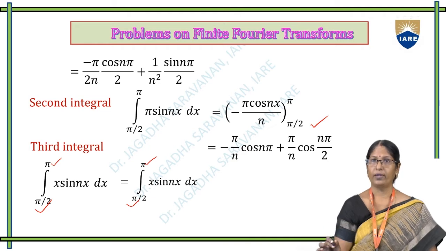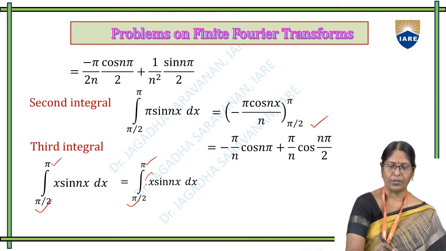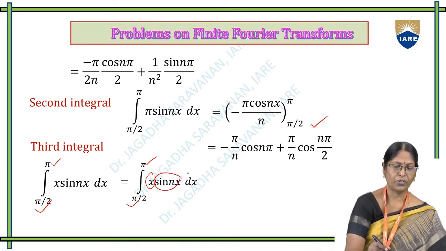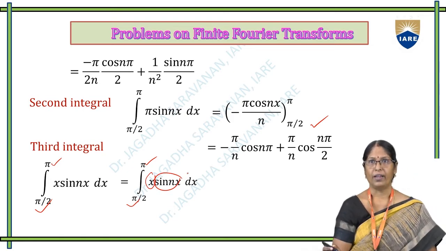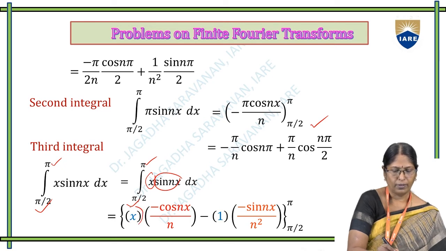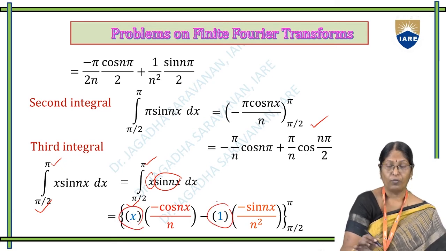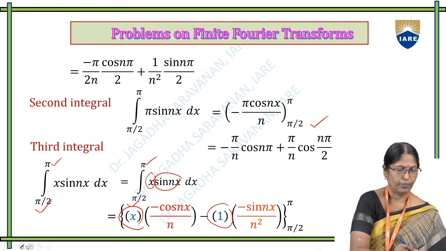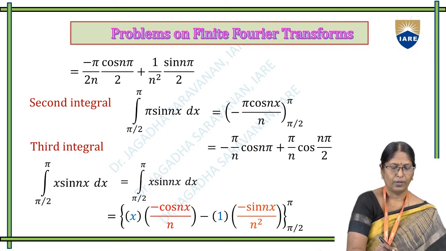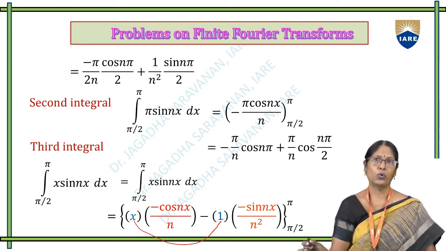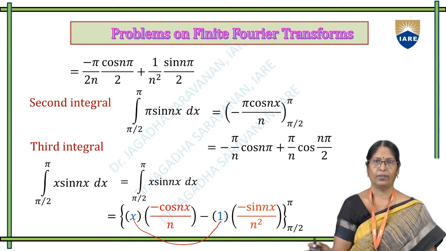When we look at it, the algebraic term is there, x. The trigonometric term is there, sin nx. So here the blue color for differentiation is colored on the algebraic term. The differentiation goes on, we are writing the differentiation.